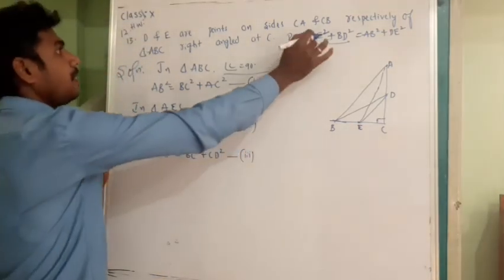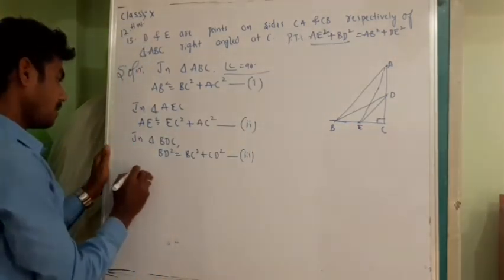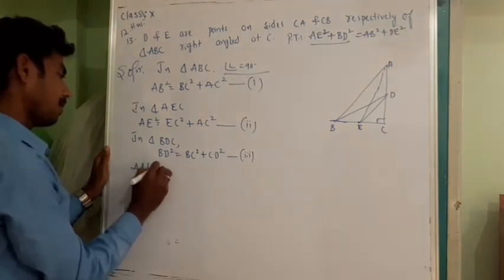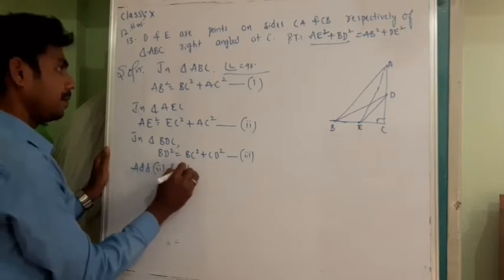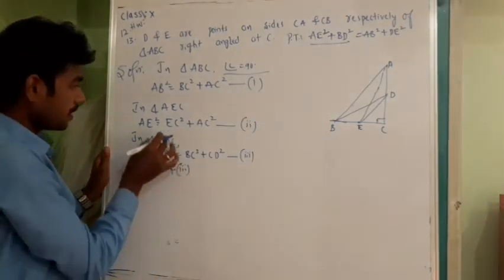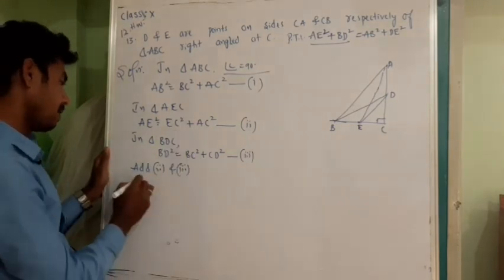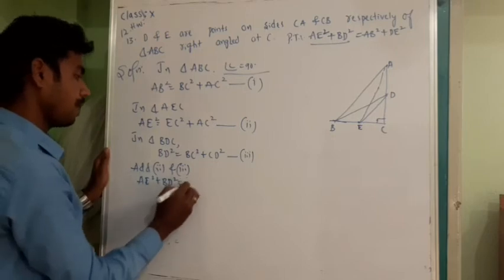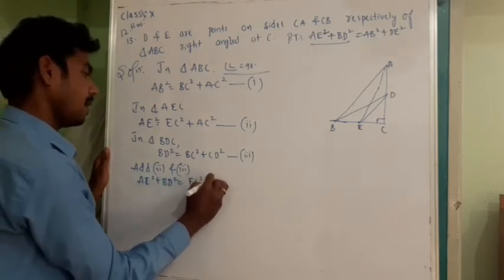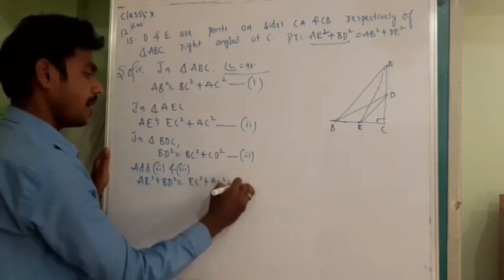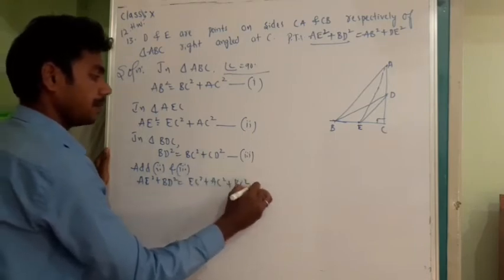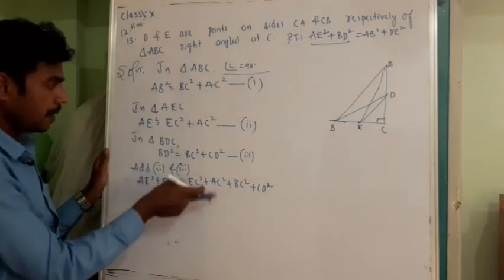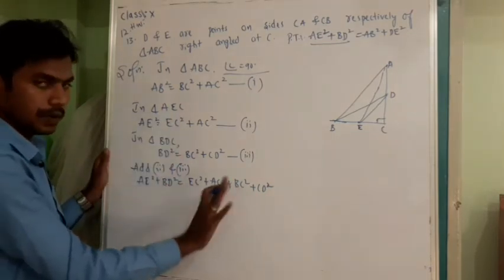So we need to add those two, 2 and 3, because it is given that we need AE square plus BD square. AE square plus BD square is equal to EC square plus AC square plus BC square plus CD square. We added these two, whichever are on the right hand side.